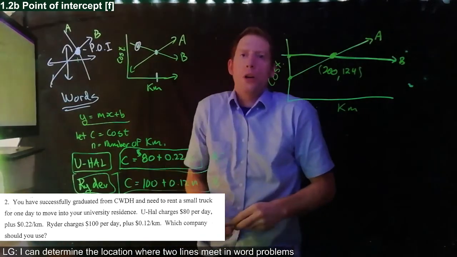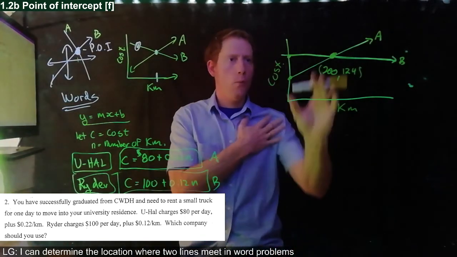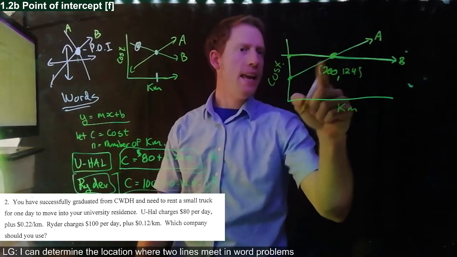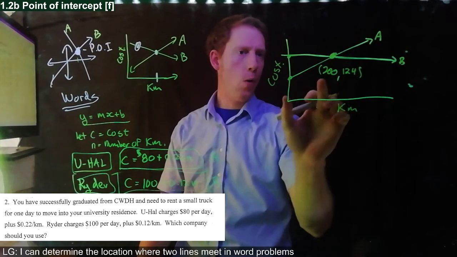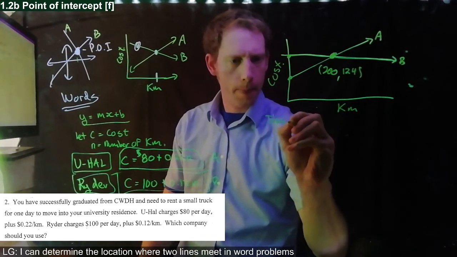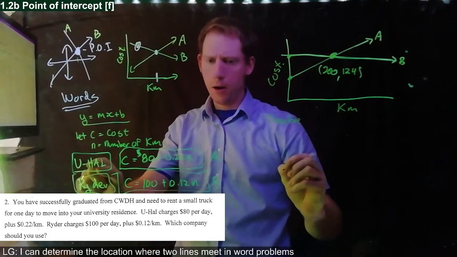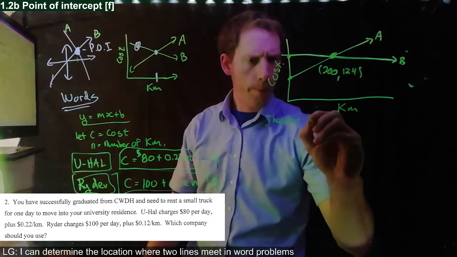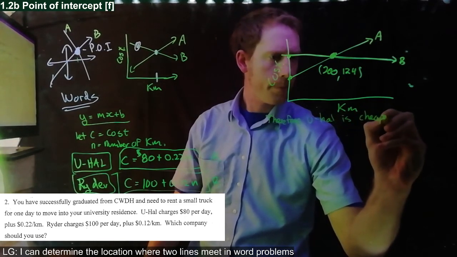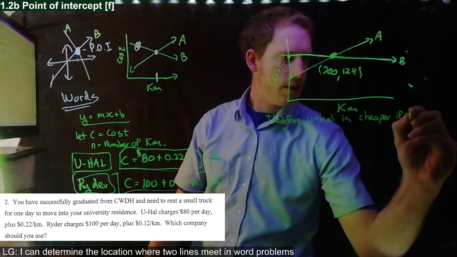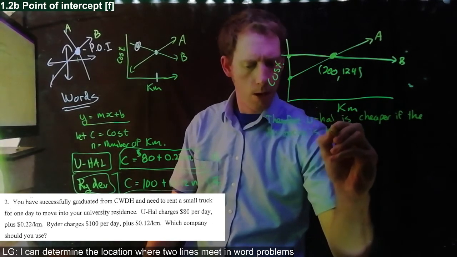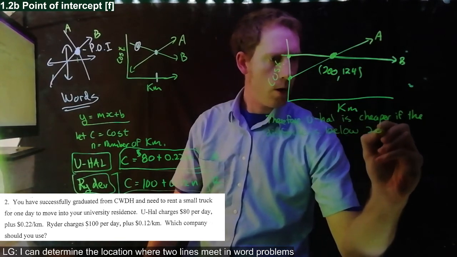So which company is better? Well, from your graph, you can look. The answer is A is better if you travel below 200 kilometers. Therefore, U-Haul is cheaper if the distance is below 200 kilometers.